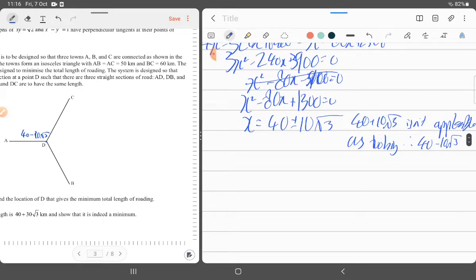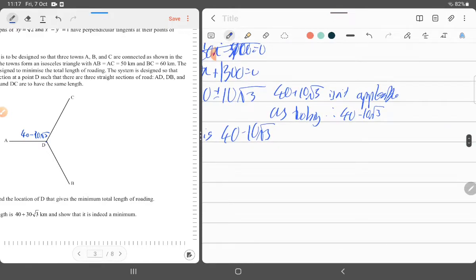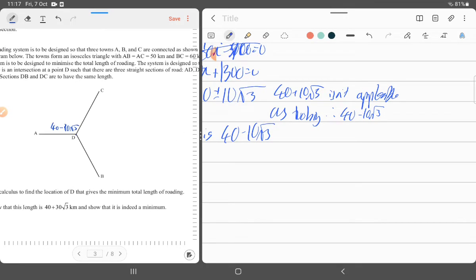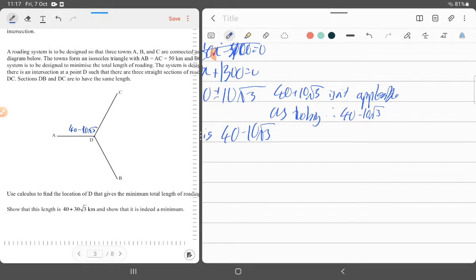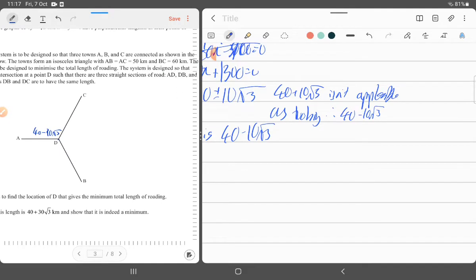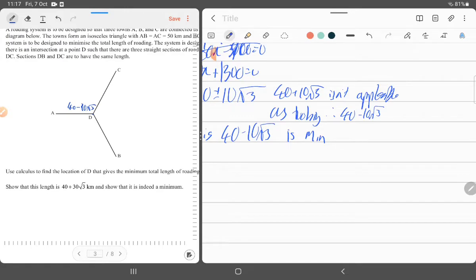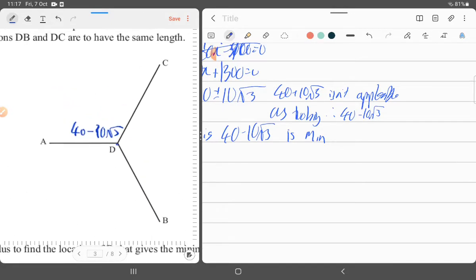So I think it's just where dA is 40 minus 10 square root of 3. Yeah, that is the minimum. Show that this length is 40 plus 3. Wait, so this is 40.